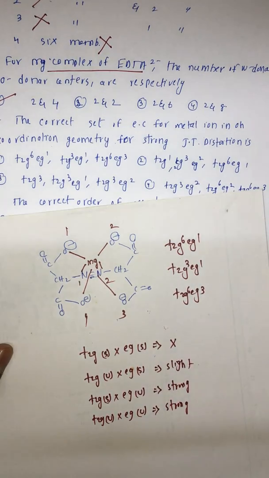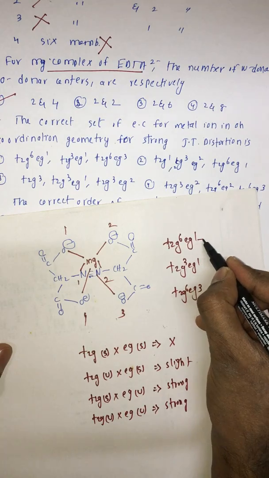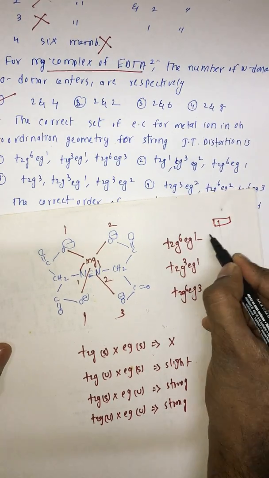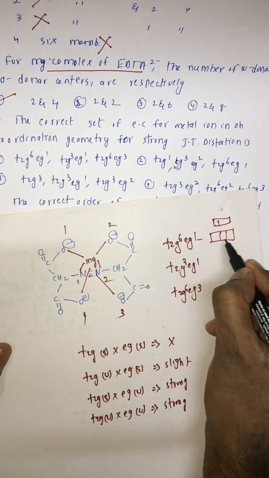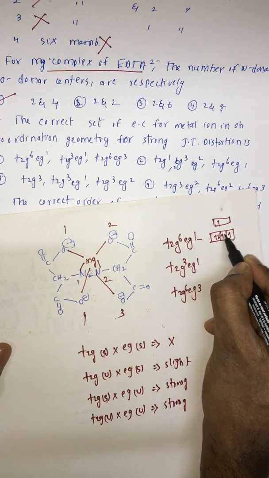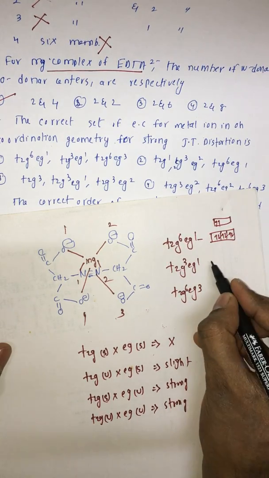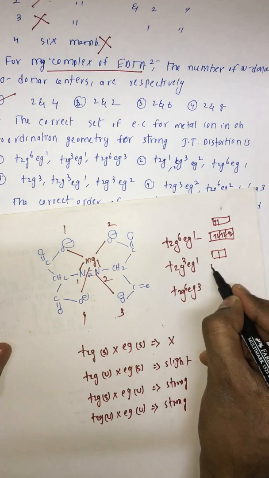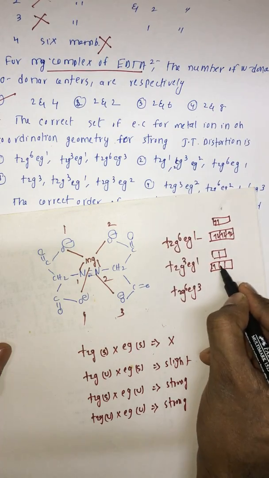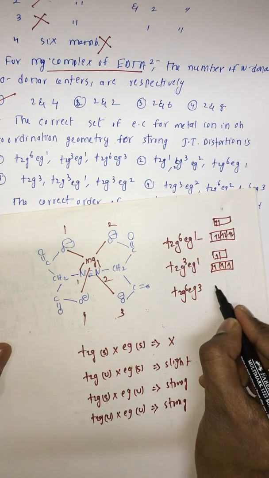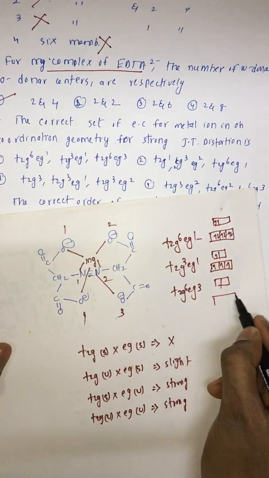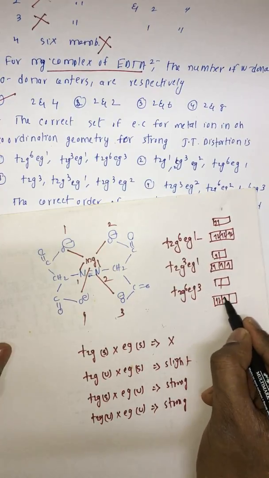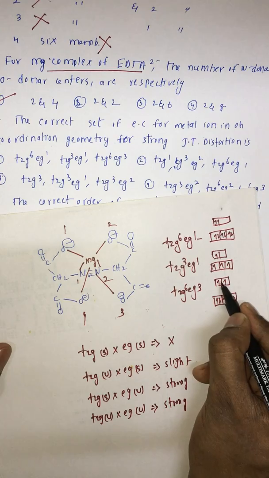Okay, so here this configuration looks like this. 1, 2, 3, 4, 5, 6, 1 electron here; 1, 2, 3, 4 here; 1, 2, 3, 4, 5, 6, 7, 8, 9.